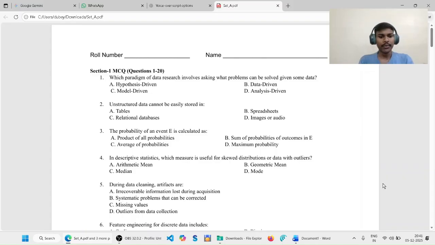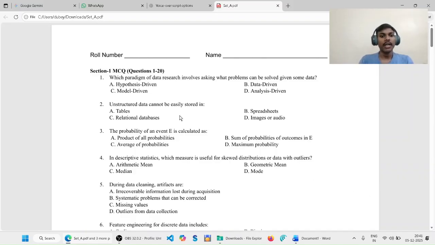In the data-driven approach, we begin with existing data and explore what insights or problems emerge from it. So patterns guide the research instead of predefined assumptions. This method is common in machine learning and exploratory analysis, where data reveals opportunities unknown beforehand.